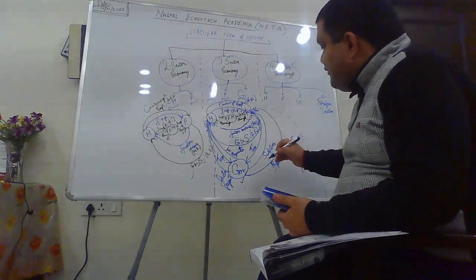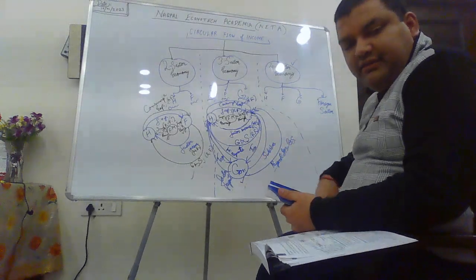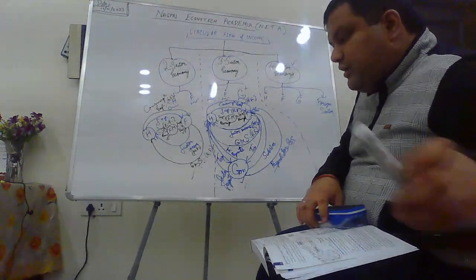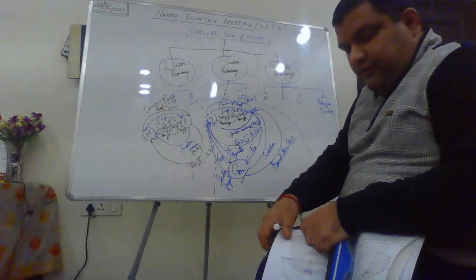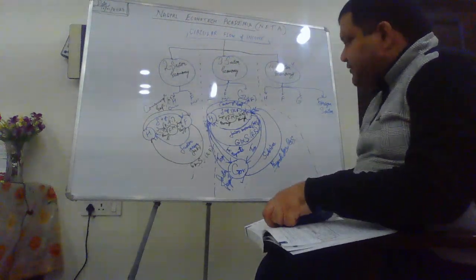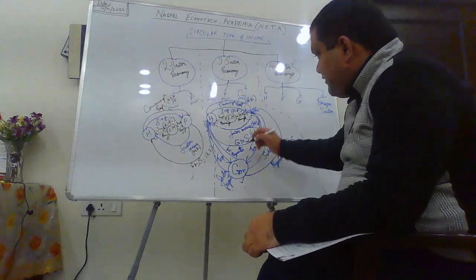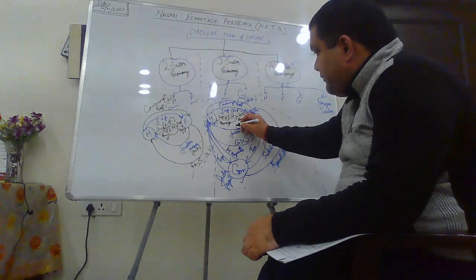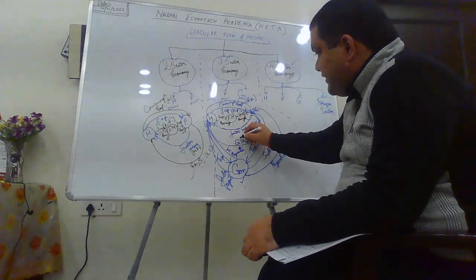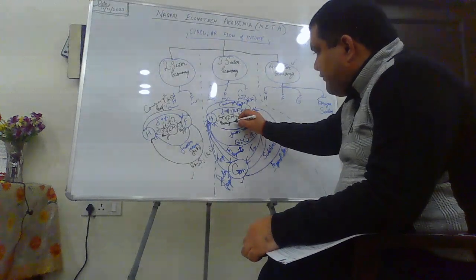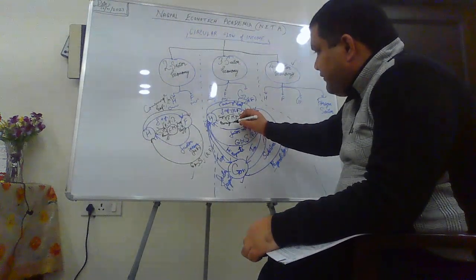Here I forgot to mention that the government sector is also going to make some savings in the financial intermediaries, and that would be the leakage from the circular flow.